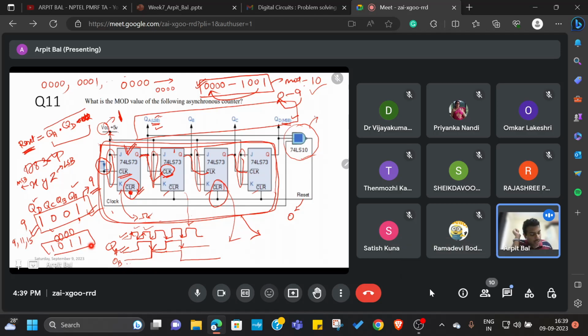But once I reach 9, will I ever be able to reach 11 or 15? No, right? Because once you reach 9, the counter resets and you go back to 0000. Correct. So that's why I have to take the minimum value in this case.